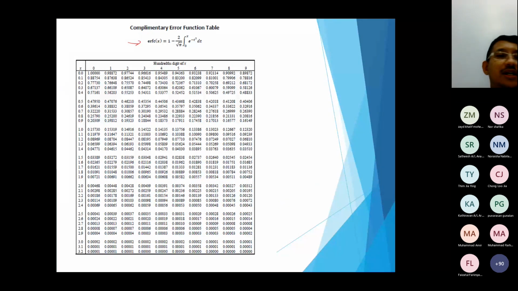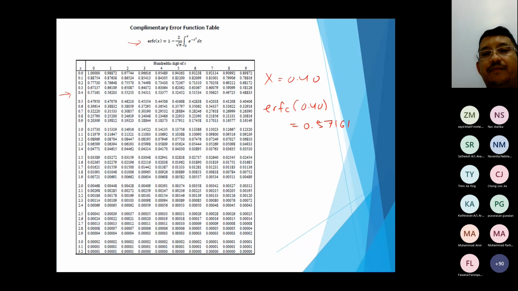The second table is also similar. For example, if X is equal to 0.40, the complementary error function ERFC of 0.40 is equal to 0.57161.